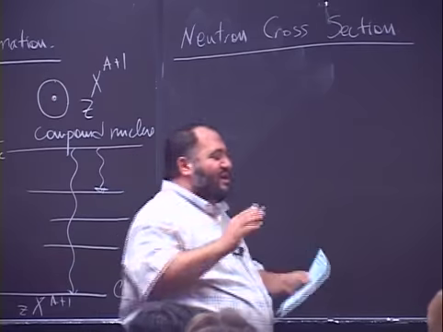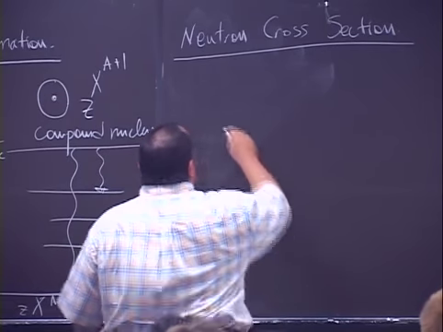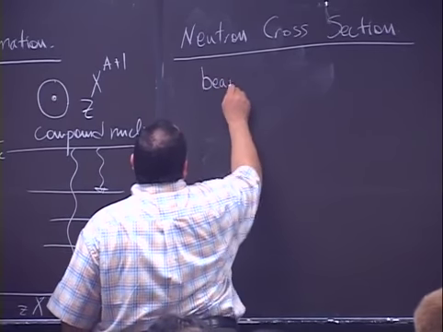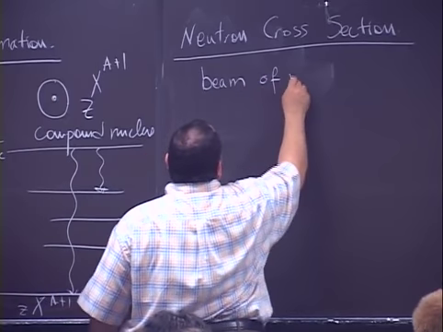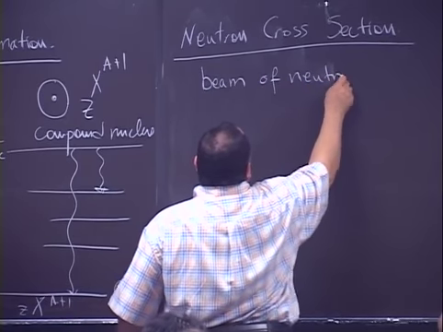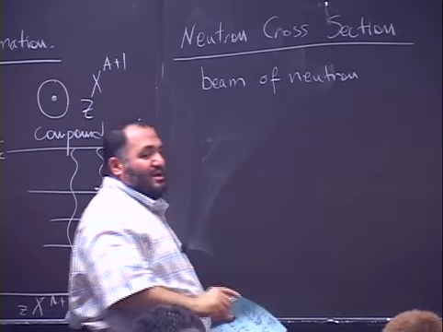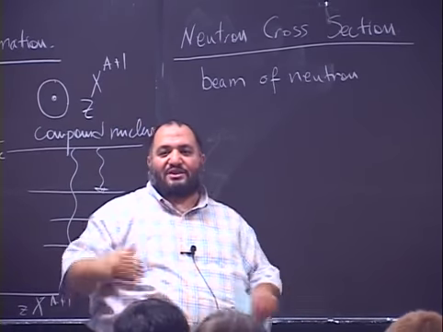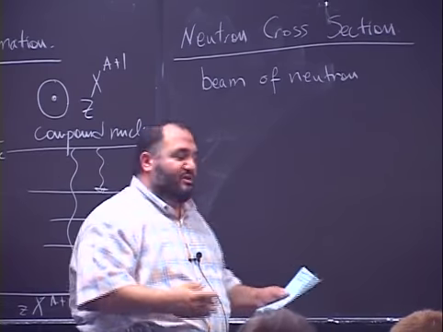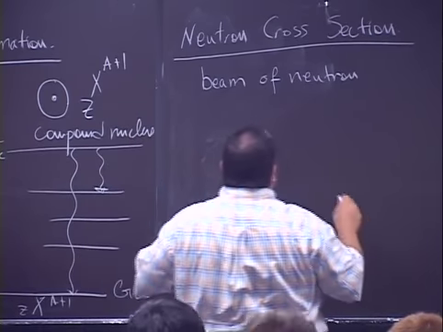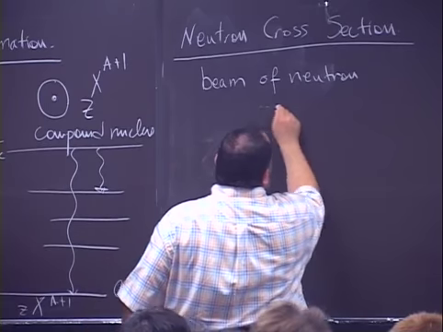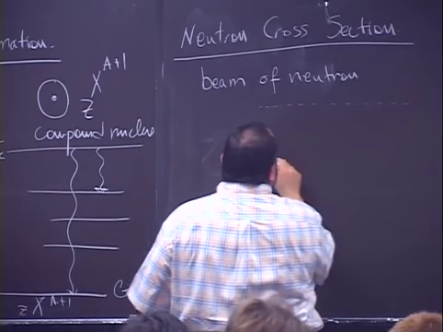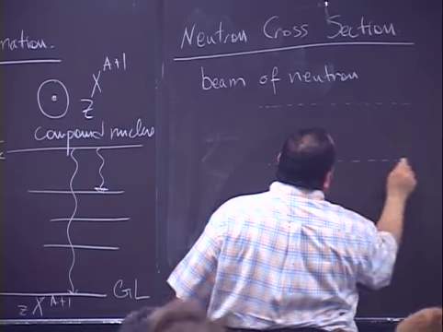Let's assume that we have a beam of neutrons. When we say beam, we mean they have one velocity, so they are monoenergetic, and they have one direction. So let's say we have an imaginary cylinder around the beam.